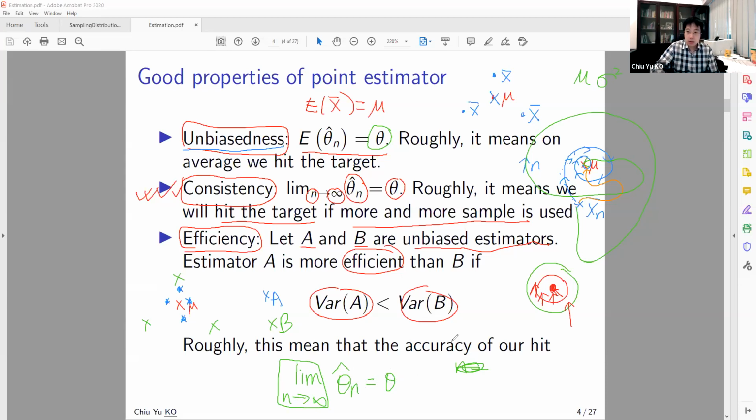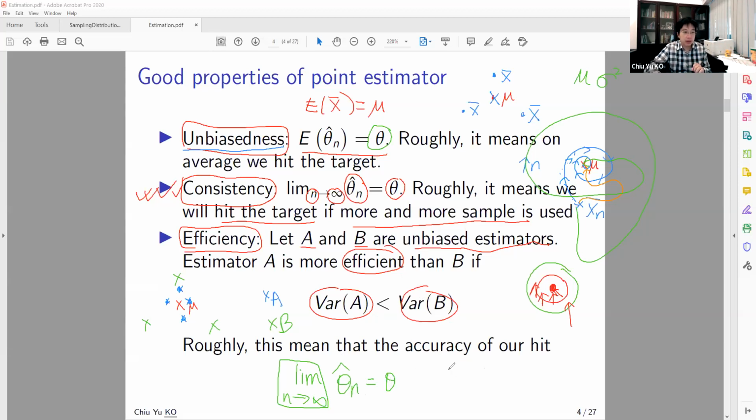Technically defined, we need an epsilon-delta idea, but to put it simply, when n is getting closer and closer and closer, this and theta will be very close.